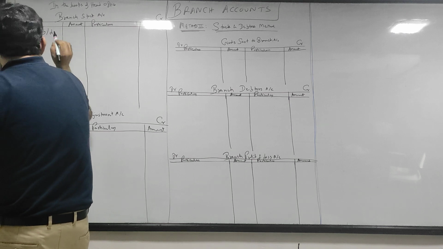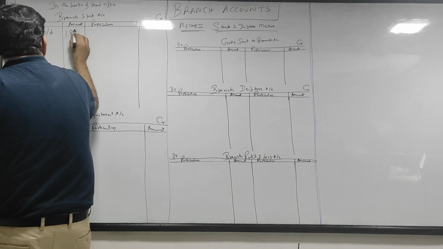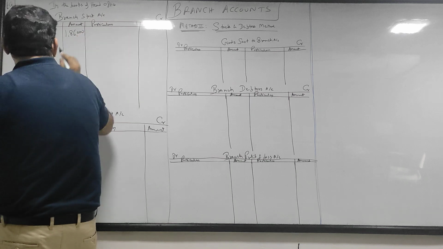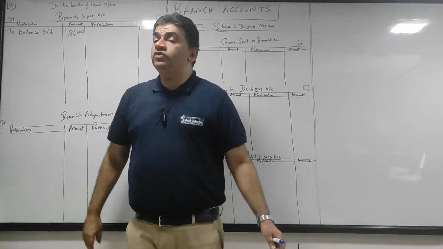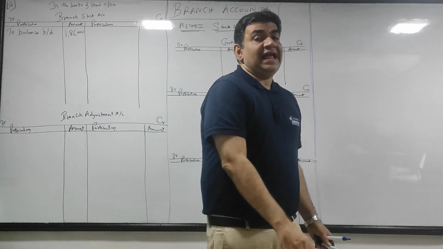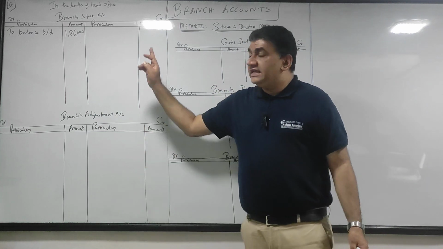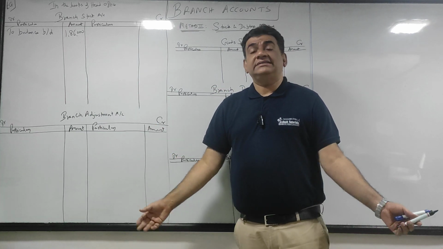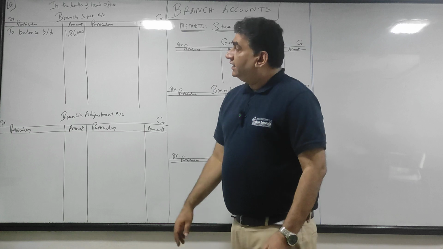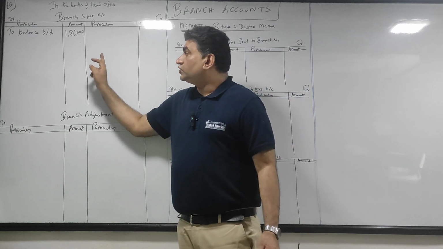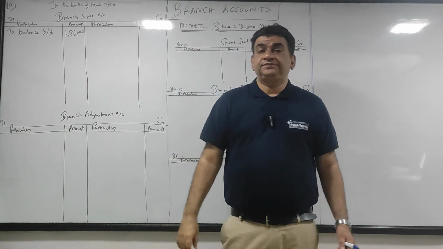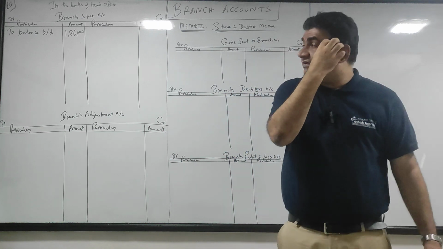To balance brought down 1,86,000. Even if you write it as opening stock, that is also fine. Got it? Now guys, be careful.